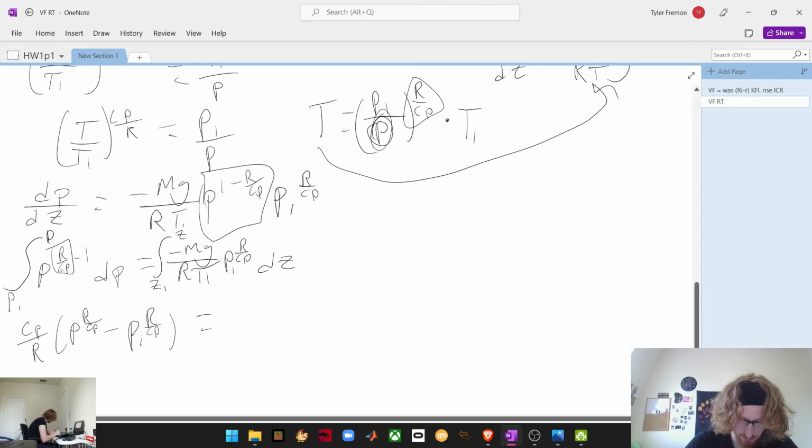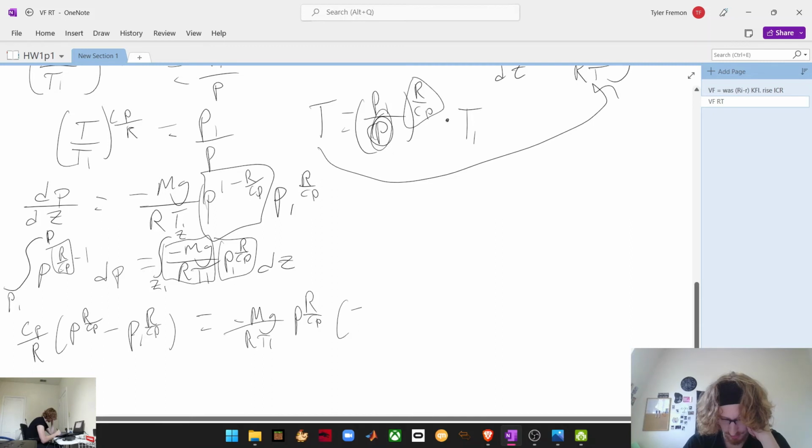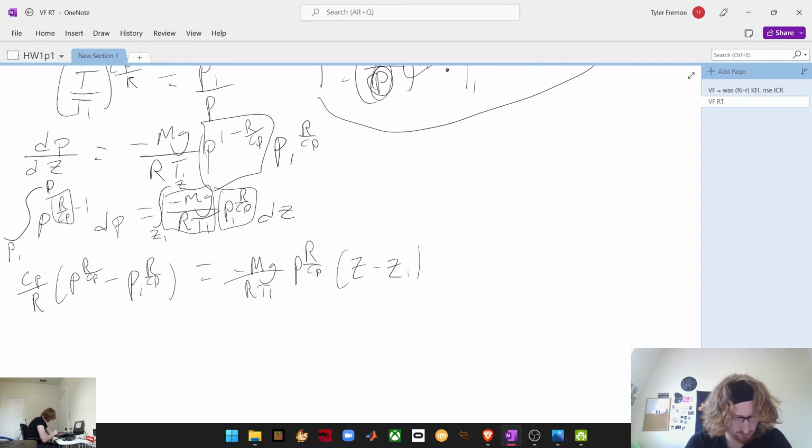It's going to be equal to, and this is all constants, negative mg over R T1 times P1 to the R over Cp, and then we're going to have z minus z1. Again, this is our change in altitude.